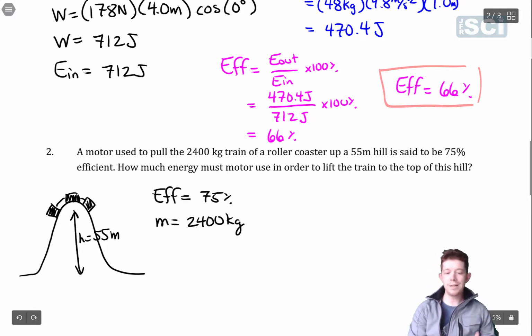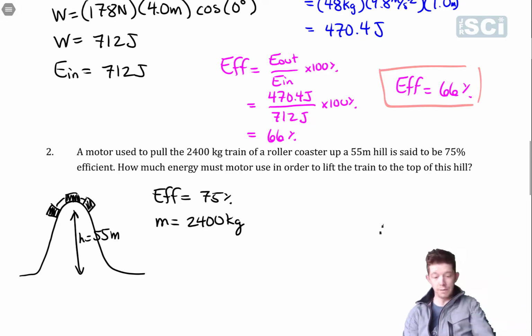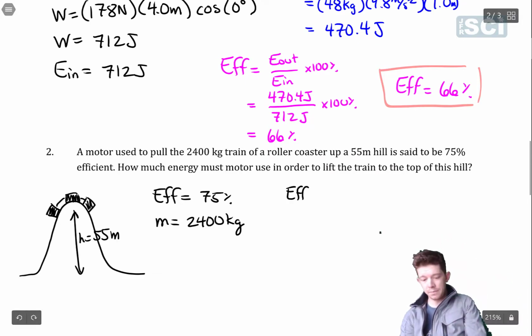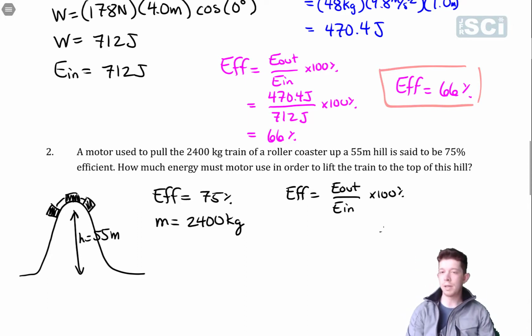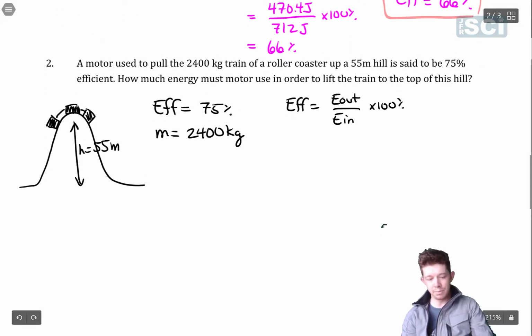So we're asked to determine how much energy the motor needs to input so that I can get this train to the top of my hill. If we use our equation for efficiency, which states that it's the output energy divided by the input energy multiplied by 100%, I need to first determine my output energy of this train. And it's based entirely on its gravitational potential energy. So the output energy here is mgh.